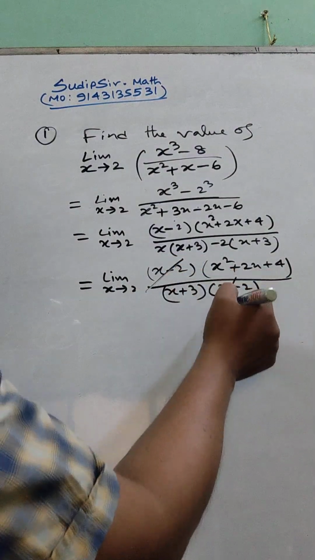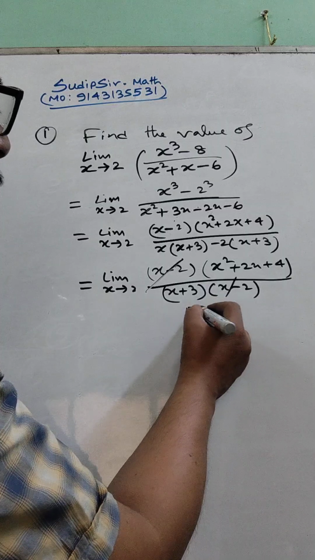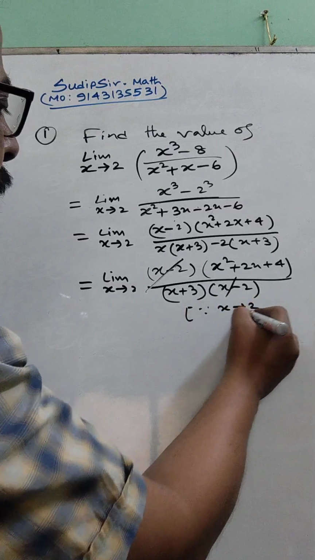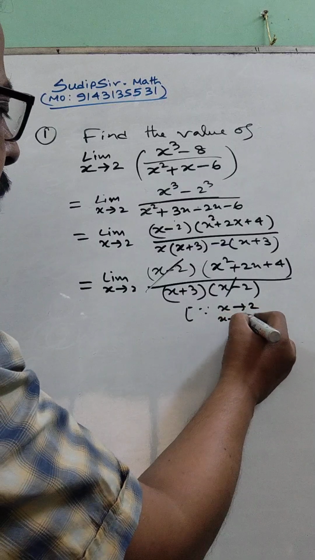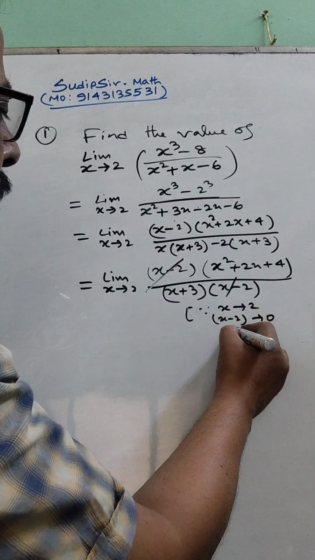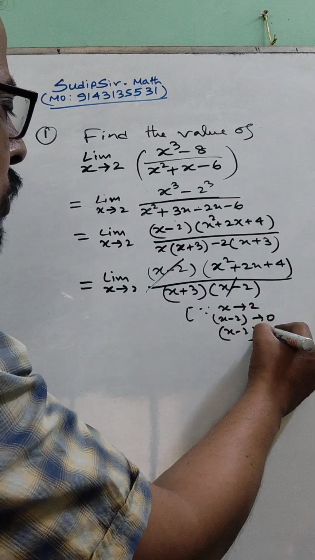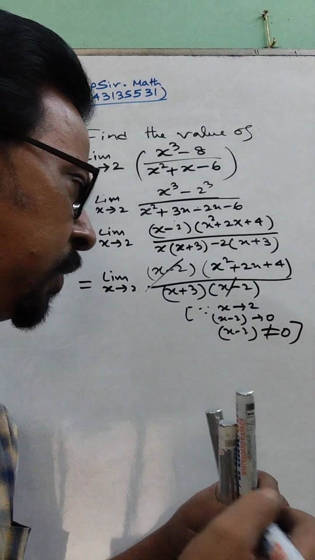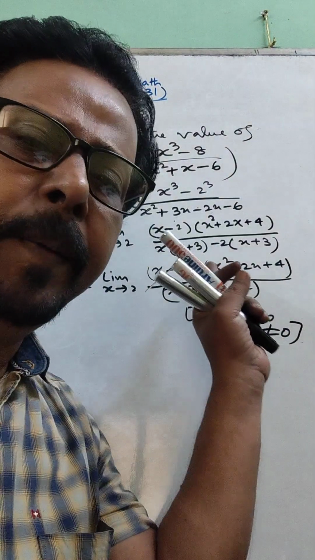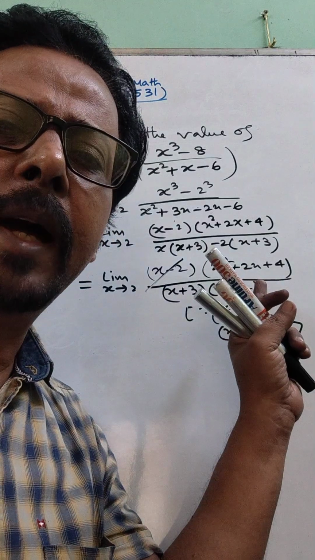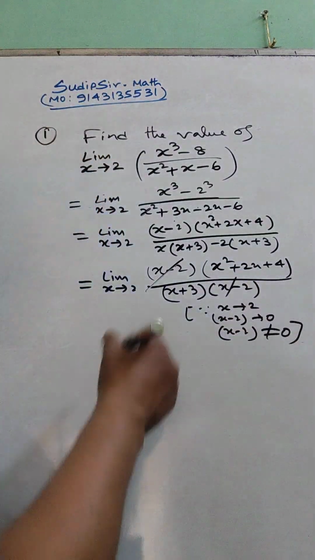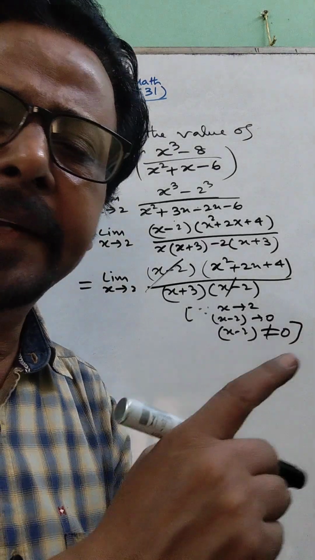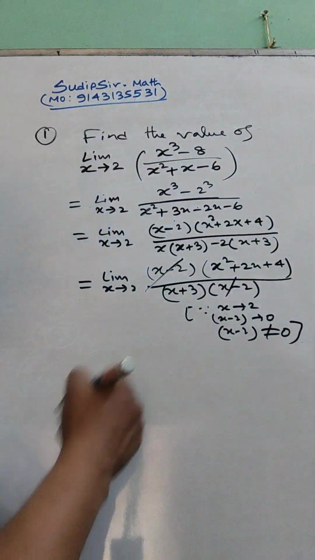Now this factor will cancel and you have to give the note, since x tends to 2, x minus 2 tends to 0, x minus 2 not equal to 0. That's why we can cancel it. If it is 0 by 0, we cannot cancel. Okay, but x minus 2 tends to 0.